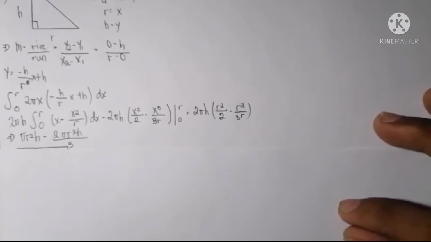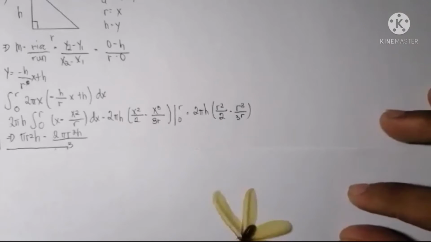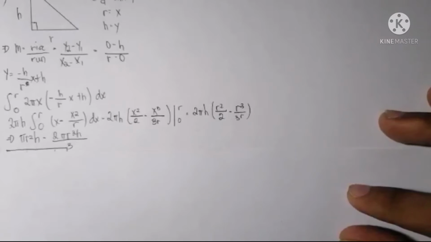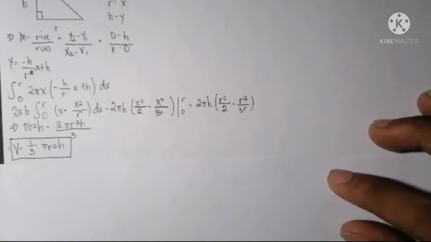So, pi r squared h minus 2 pi r squared h all over 3. Then, the final answer is v is equal to 1/3 pi r squared h.